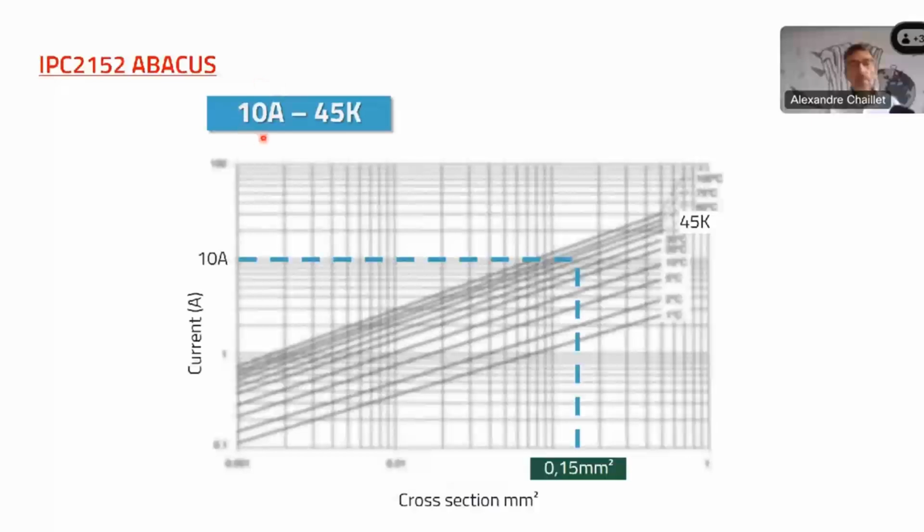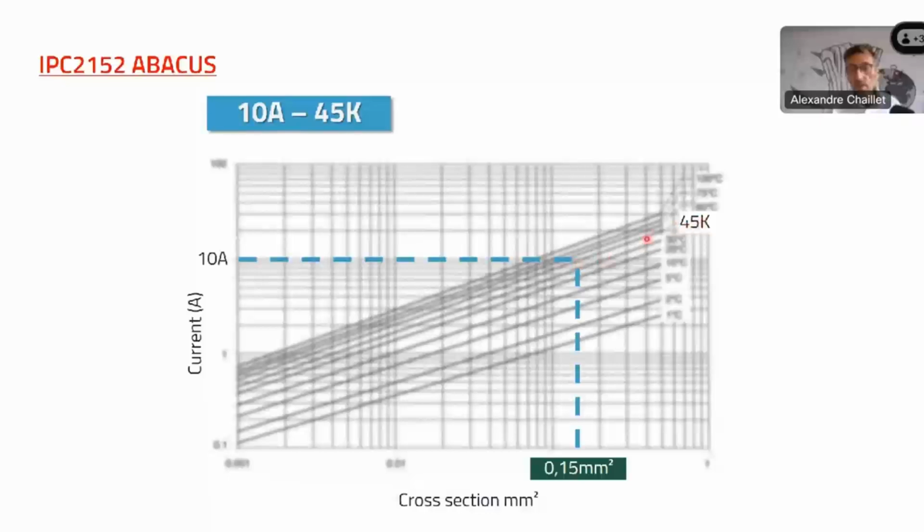We want to design a trace for 10 amps at a temperature rise of around 45 Kelvin, so 45 Kelvin above the ambient temperature. The current is here, 10 amps, and then here you see lines that define from 1 to 100 degrees Celsius.